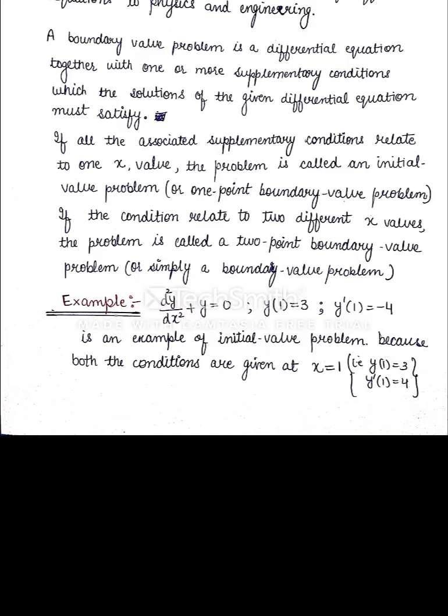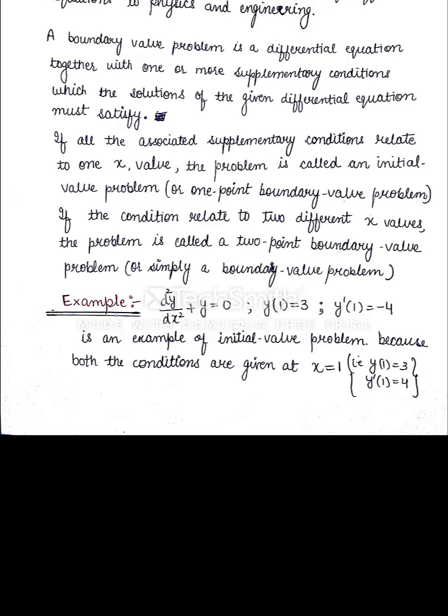Now d square y by dx square plus y is equal to 0 is the second order homogeneous linear differential equation, and the conditions with it are given as y at 1 should be 3 and y dash at 1 should be minus 4.